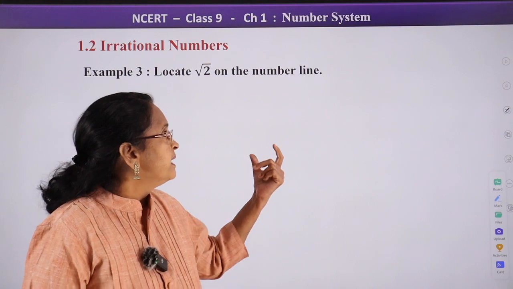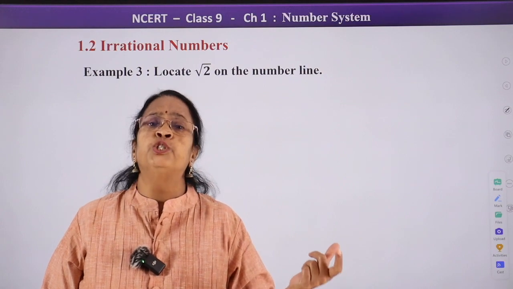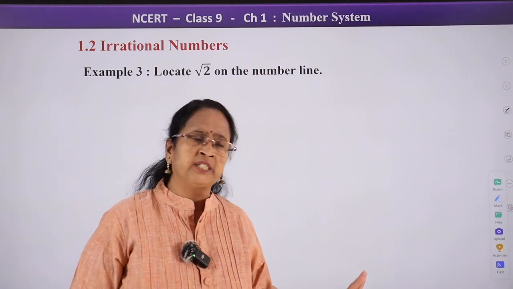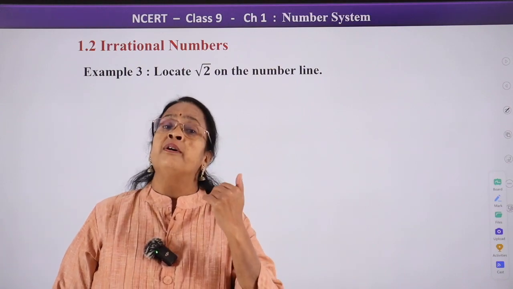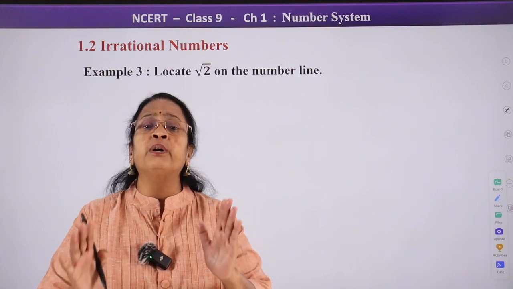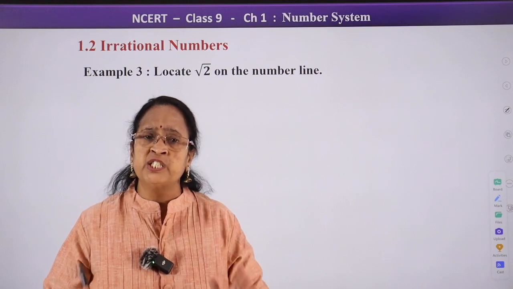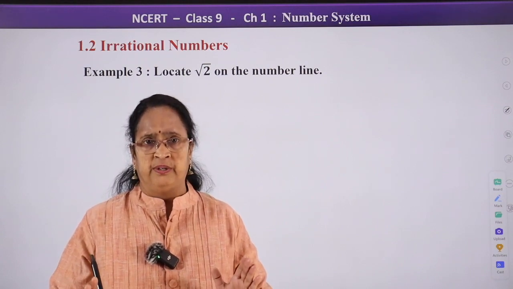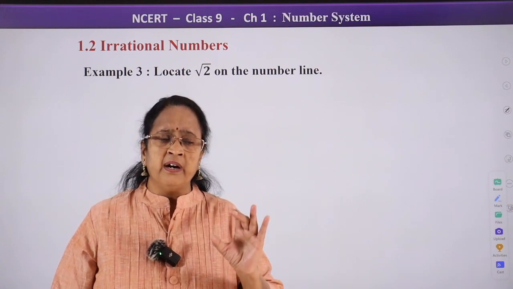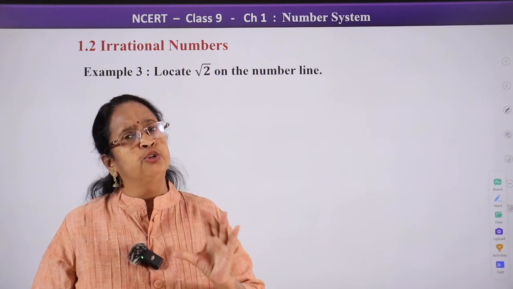All right. Now, locating on the number line is construction, that is geometry. Before I start off with the construction of maybe root 2, root 3, root 5, any irrational number on the number line, when we start a geometry work, construction especially on the page, whether it is a number line or construction of anything, there are very simple and very important rules you should follow.